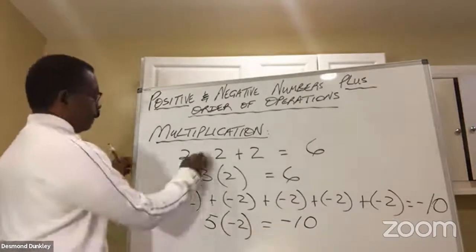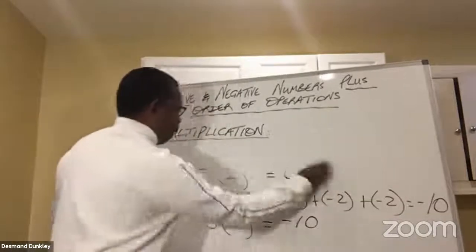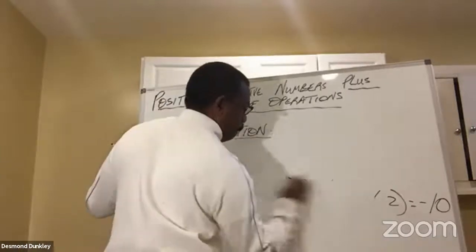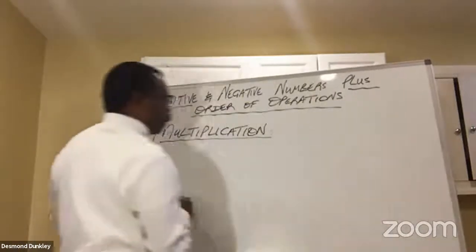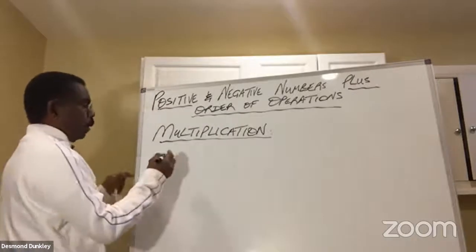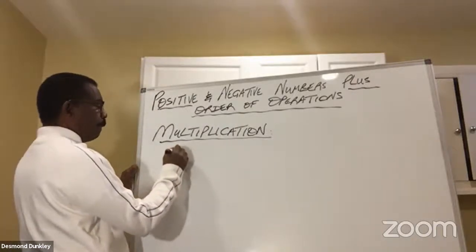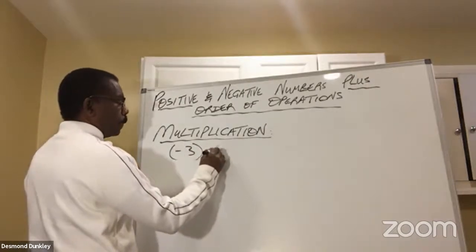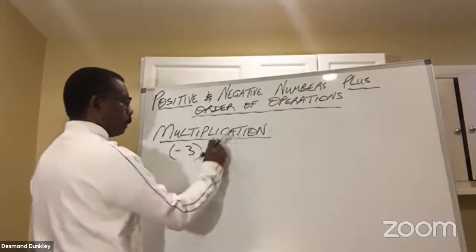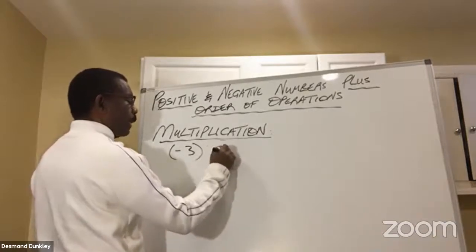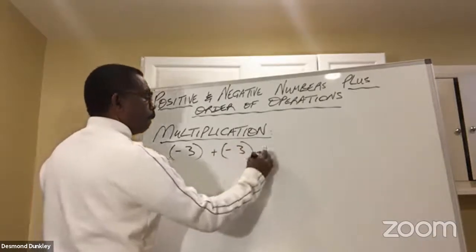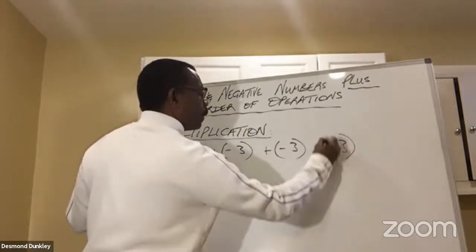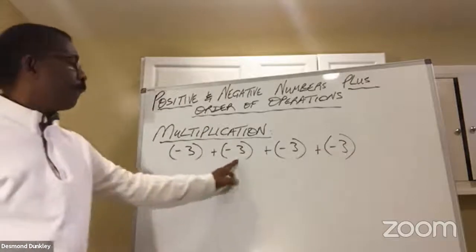Let's try another one. What is, so if I gave negative 3 times, sorry, plus negative 3 plus negative 3 plus negative 3. So we have negative 3 4 times.